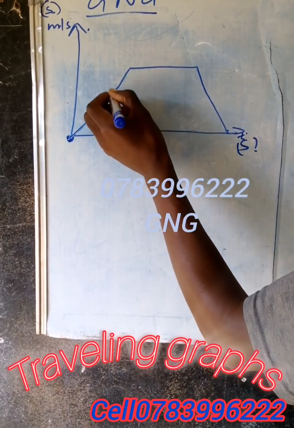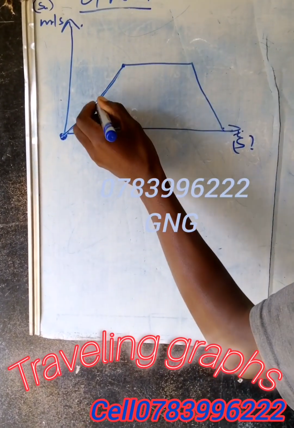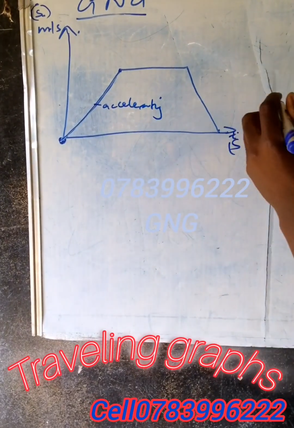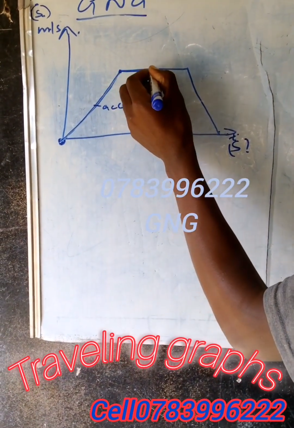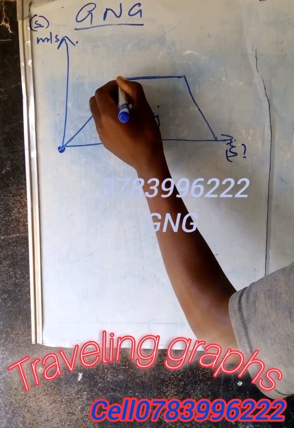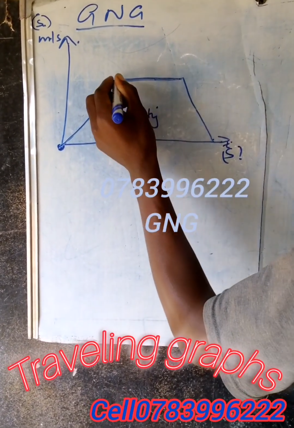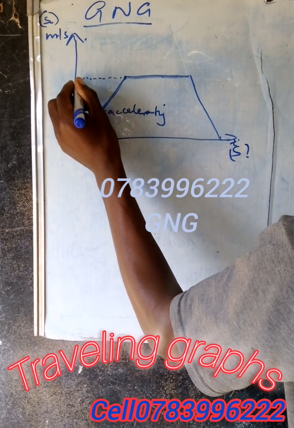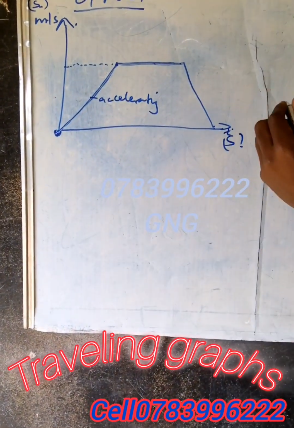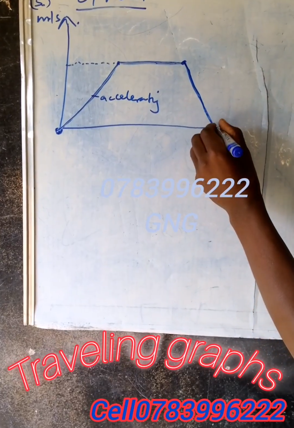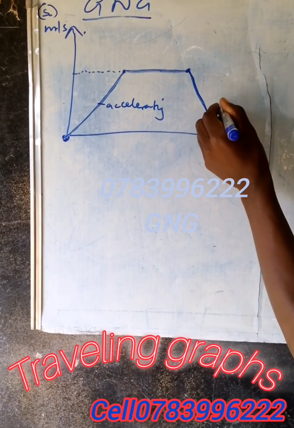Here to here, the object is accelerating, right? From here, the object is moving with a constant velocity, constant speed throughout. This is what we call constant velocity. Then from here to here, the object is decelerating.